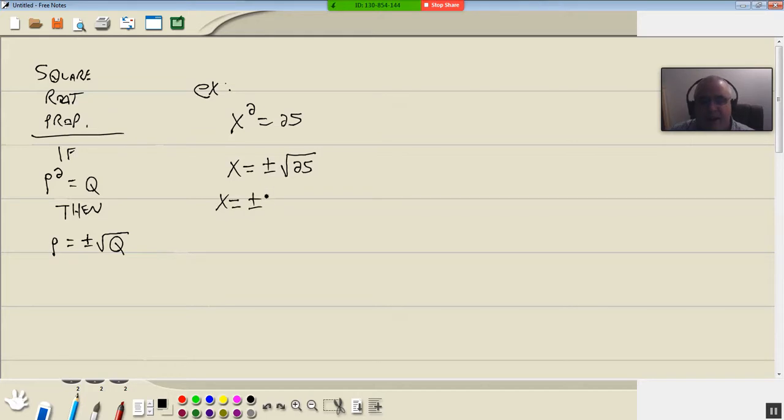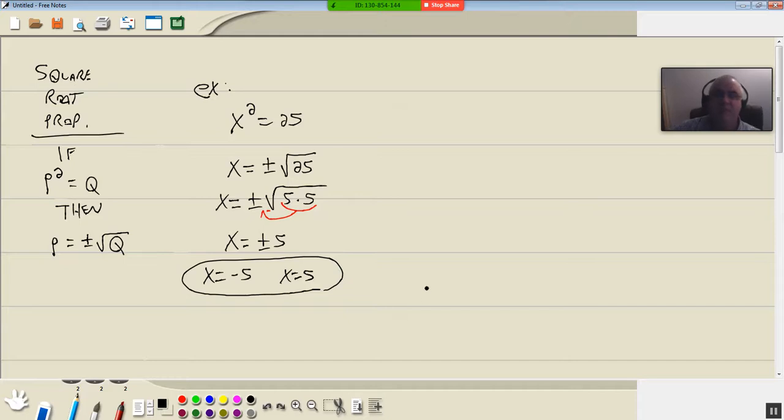Now I can simplify 25 inside of a square root. 25 is 5 times 5. So we're looking for a pair of somethings. Here's a pair of 5s, so they're going to come out as a single 5. So we end up with x is equal to plus or minus 5. Now what that notation means is you're going to have x equals negative 5 and x is equal to positive 5. And those would be your answers.